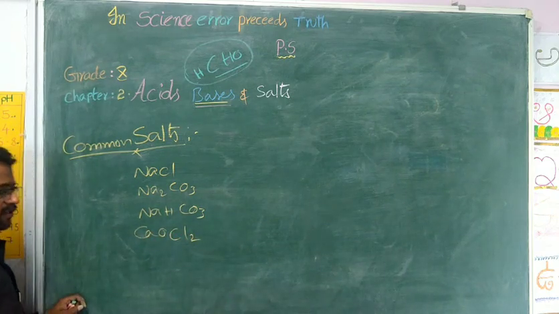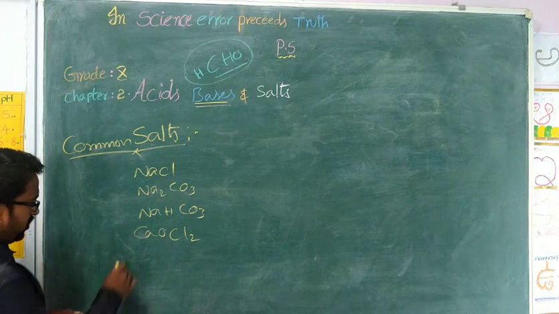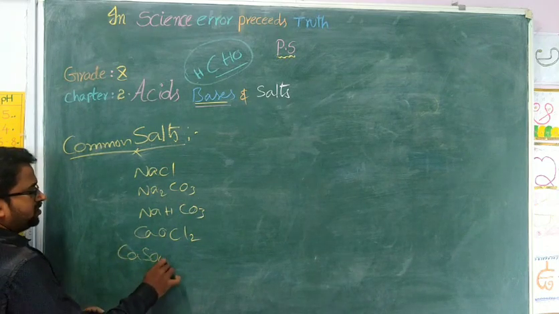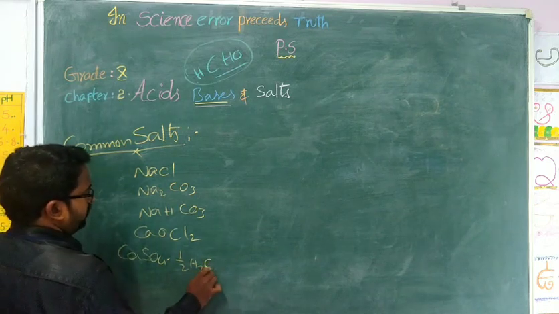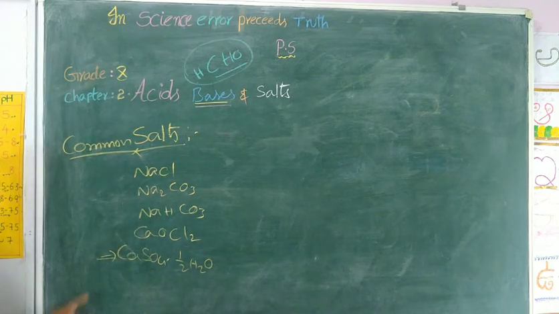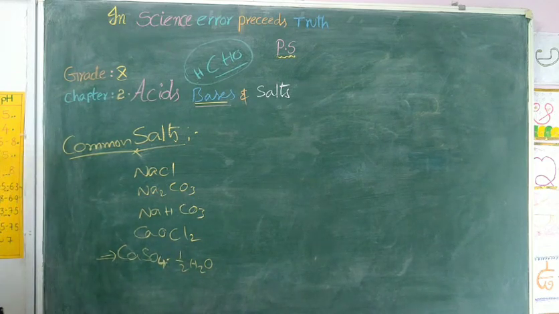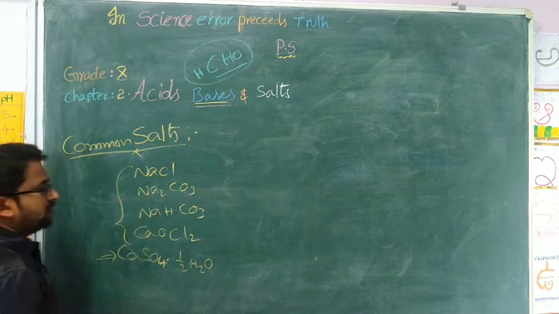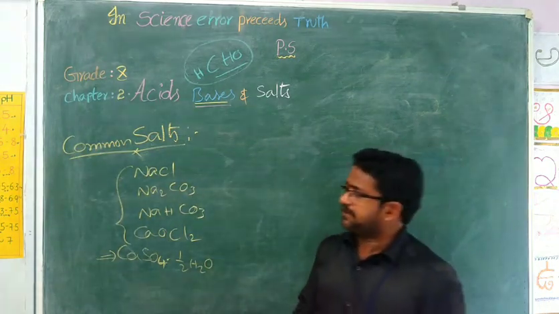CaOCl2 is a common salt. CaSO4 half H2O mostly may not be considered a common salt, but it is there in some books as a common salt. So commonly used salts are common salts.